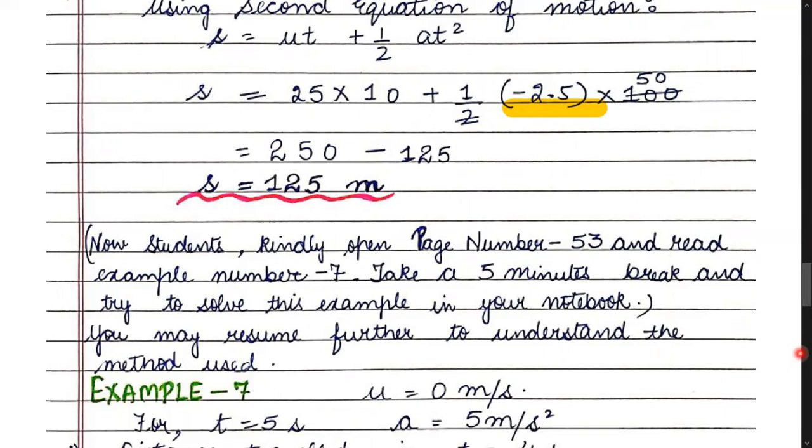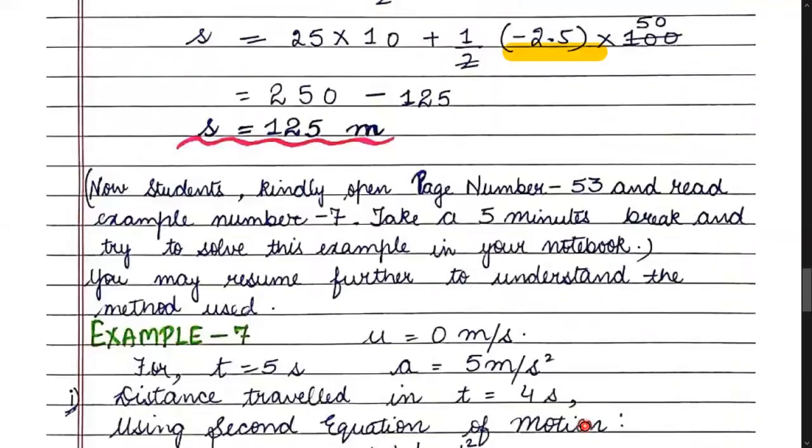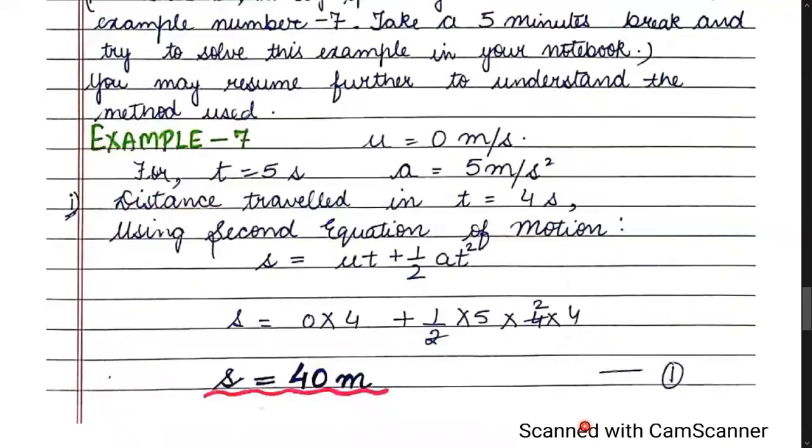So yeah, now you all can open page number 53 and read example number 7. You may take a 5 minutes break and try to solve this example in your notebook. So children, in example number 7, a particle is initially at rest.